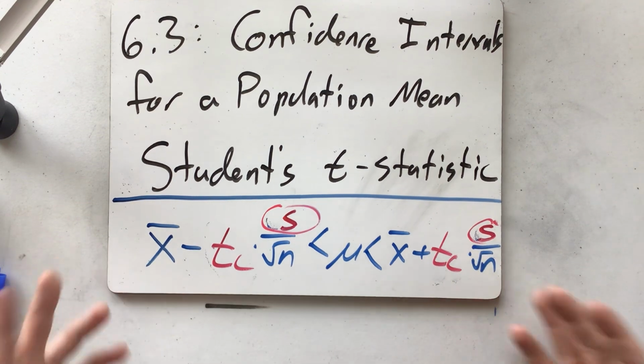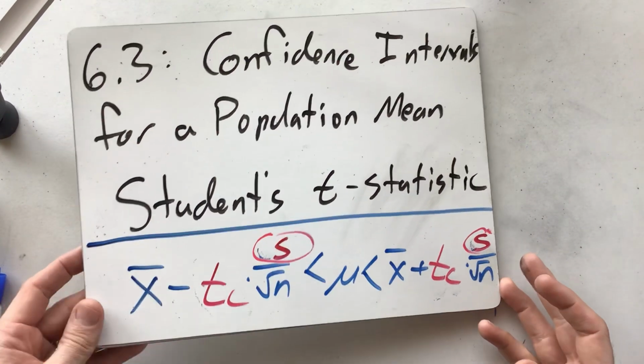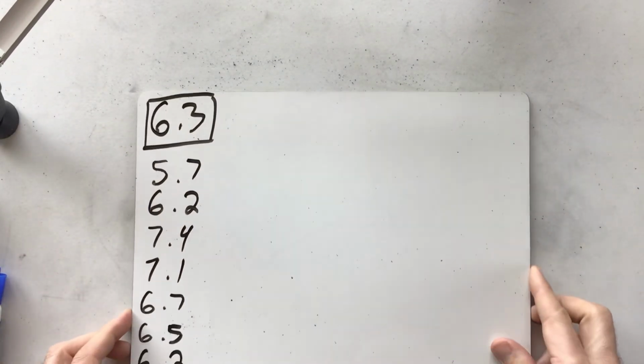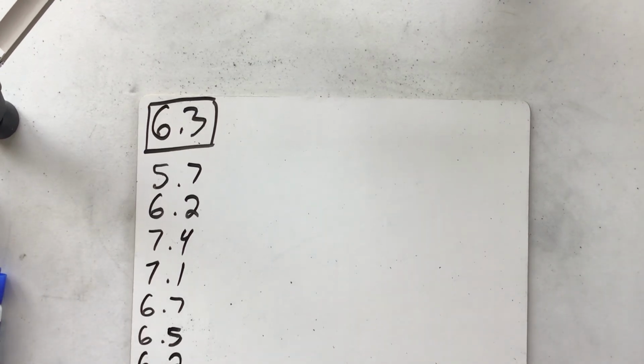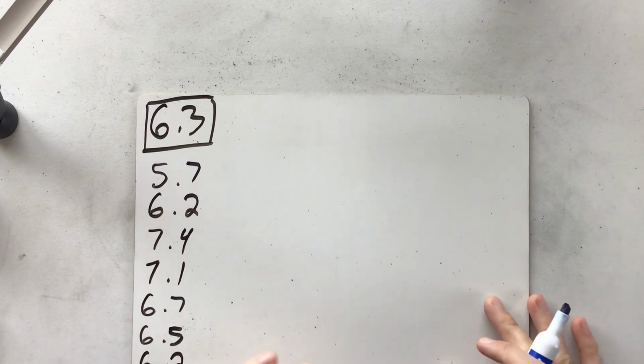Okay, let's tackle 6.3 and see if we can make some progress on it. So 6.3, we're back to this problem where we have a bunch of flies, our 7 flies that we've caught, and we want to figure out how big these flies are. And so we have them all here. The first thing we need to calculate is the average size of our flies.